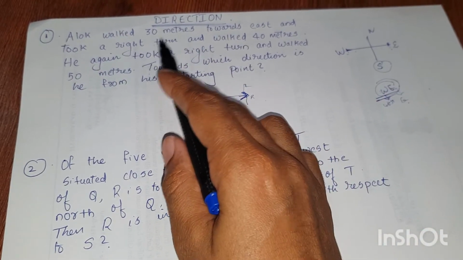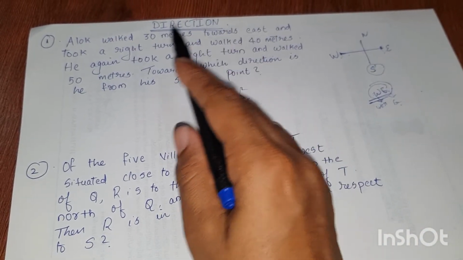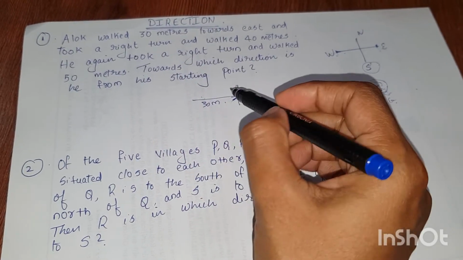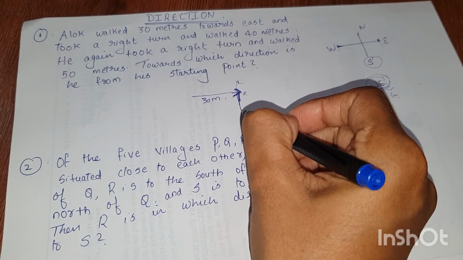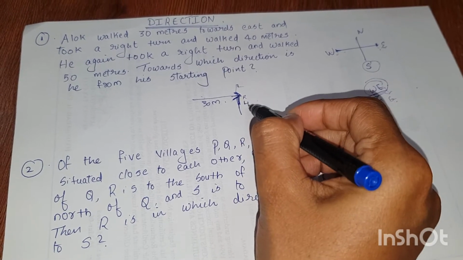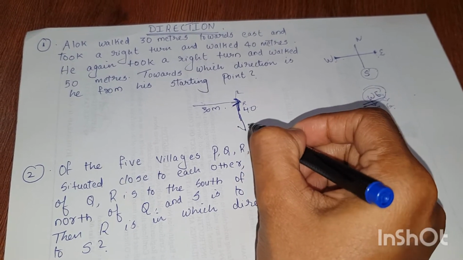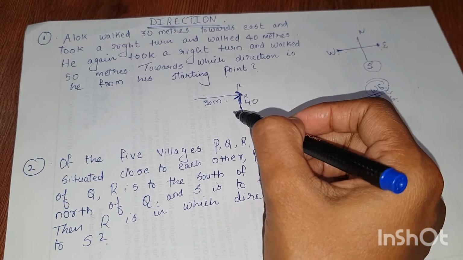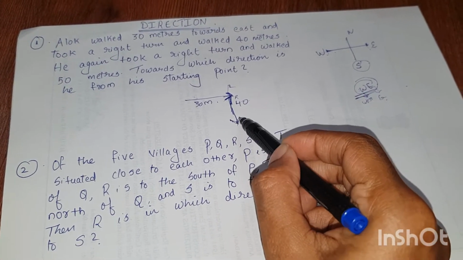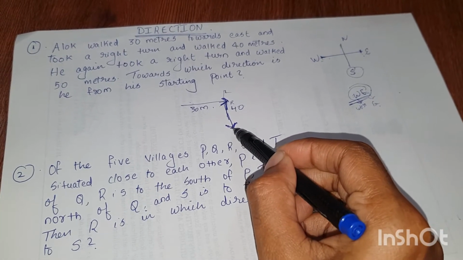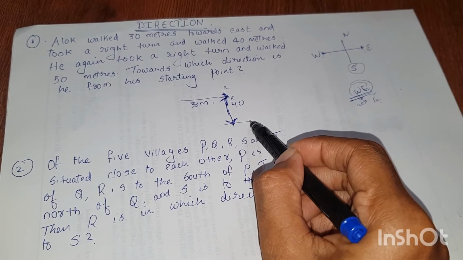Alok walked 30 meters towards east and then took a right turn. Right means here, so he took a right turn and walked 40 meters. Now he again took a right turn.